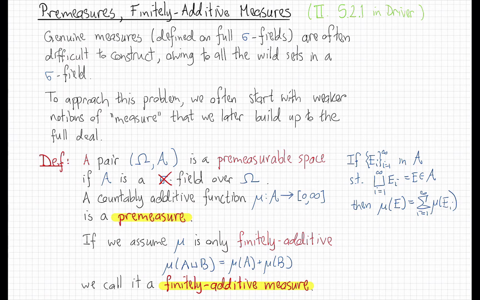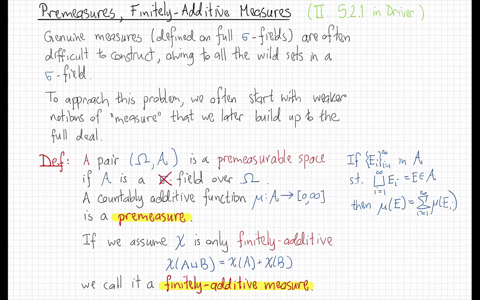Now these, in many cases, will be fairly easy to construct. That'll be the main point of today's lecture. In order to distinguish them from their countably additive cousins, let's change notation and use the letter chi to denote finitely additive measures.